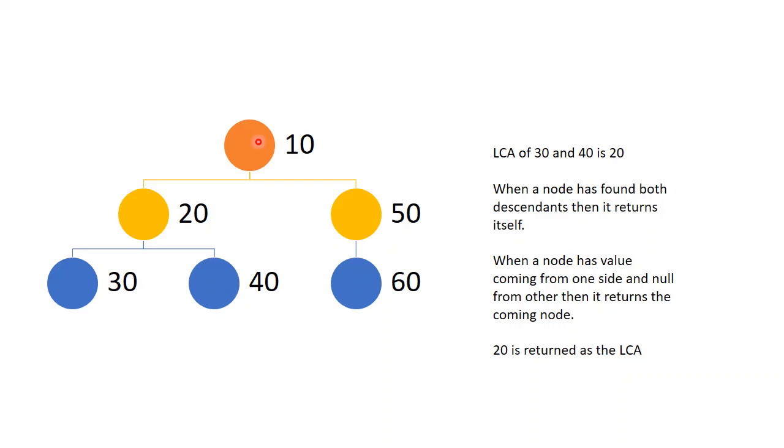So 30 at this place will return one of the answers as 30. From the other child of 20, it will return null. So when you have a value coming from one side, you return that value. You do not return itself, you do not return 20's value, and you do not return null. You return the value which you are finding here. That is the second logic, and if you apply these two correctly, they will lead you to the LCA.